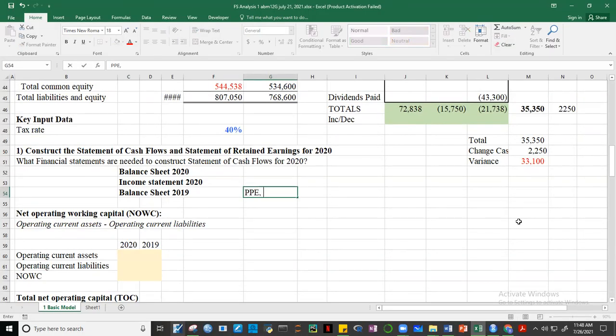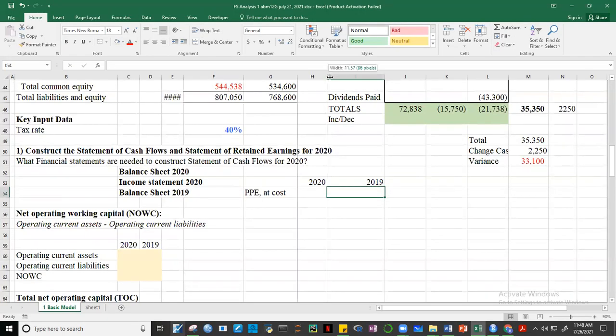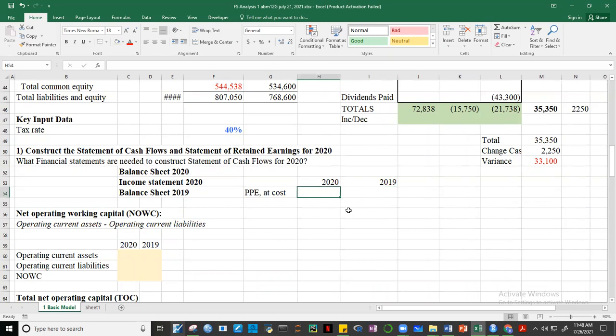PPE at cost. So let's say 2020 and then 2019. Example lang to, guys. These are not the figures sa advanced technologies. Okay, let's suppose, simple lang, 100. So this is 60, no?